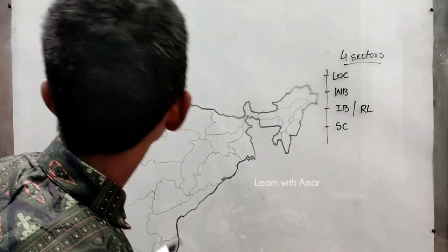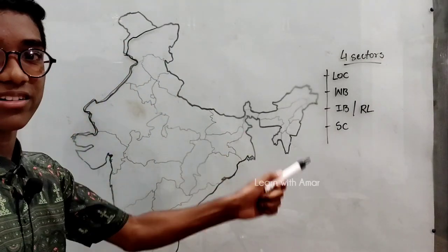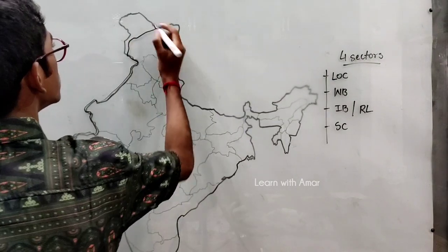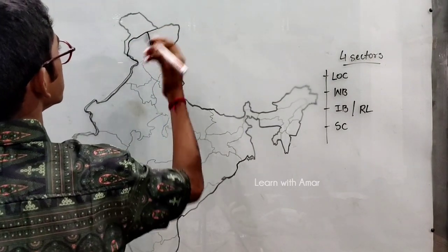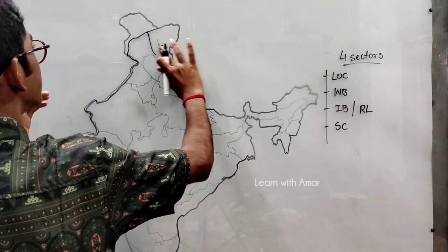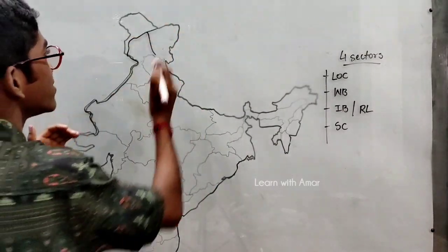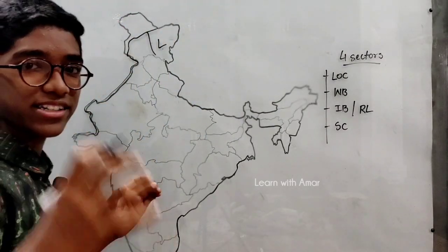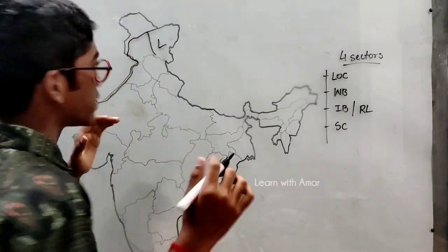So why did this happen? We are going to learn in one of these 4 sectors. Let me give you a quick geography on which states and union territories of India share the border with Pakistan.